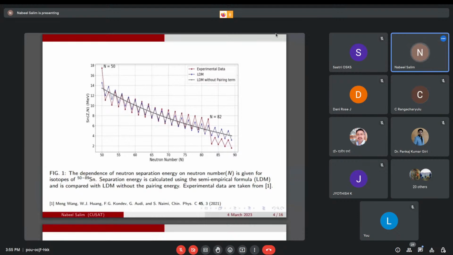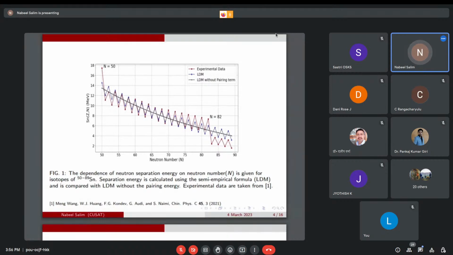You can see that the zigzag nature shown in the experimental data cannot be explained without the pairing term in the liquid drop model. When adding that term, we can match the experimental data. That's why an extra term, a pairing term, is added to the liquid drop model.